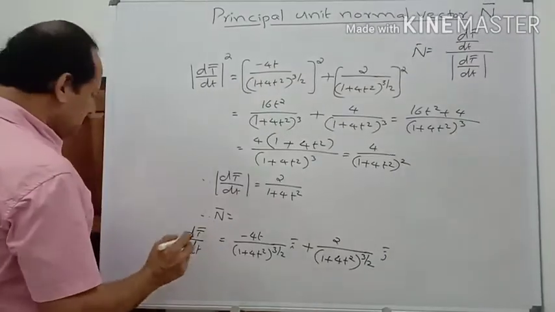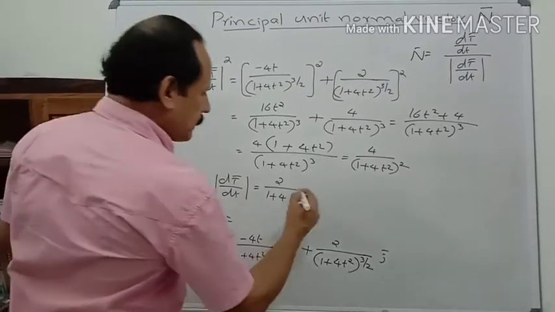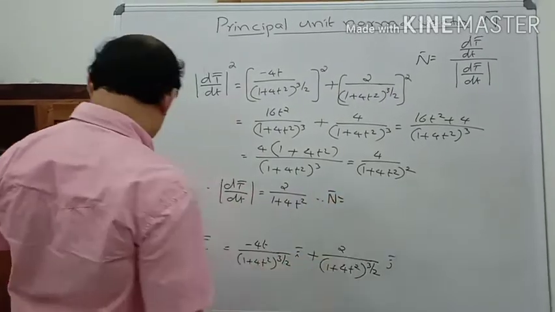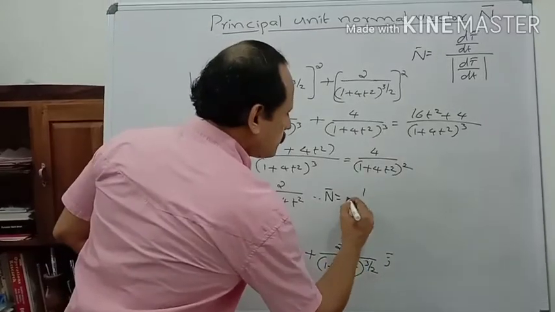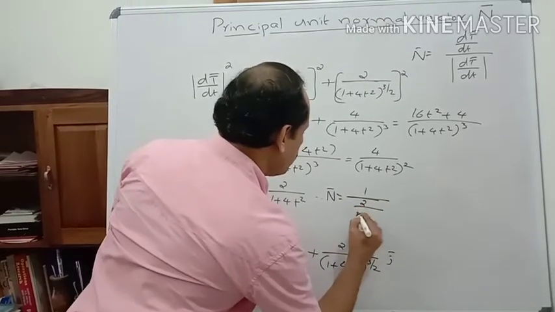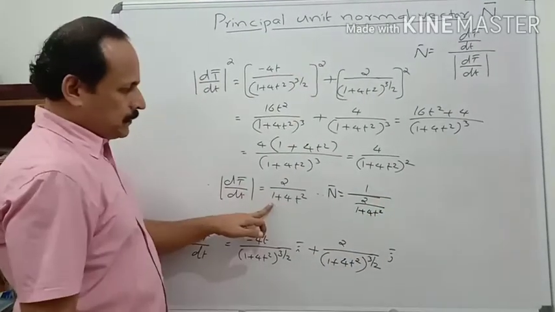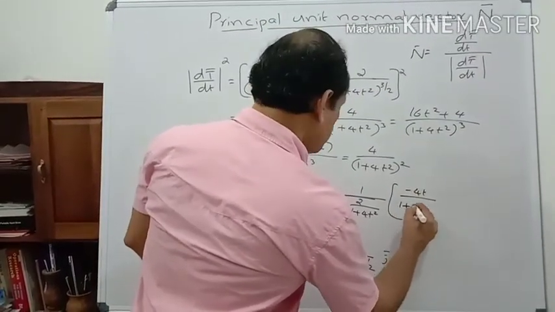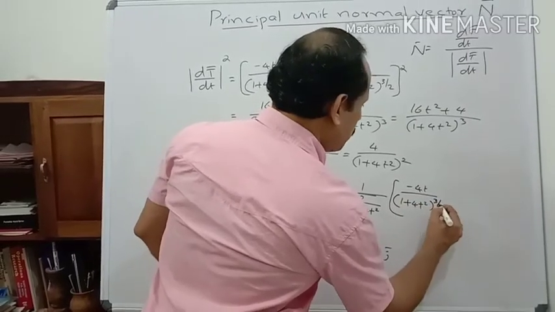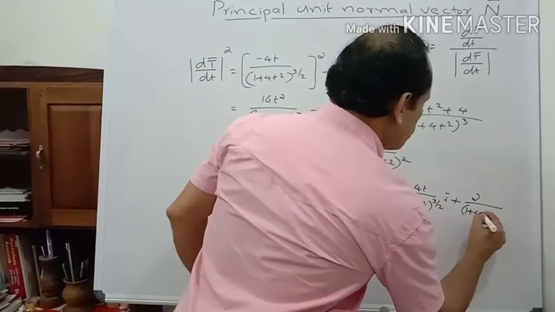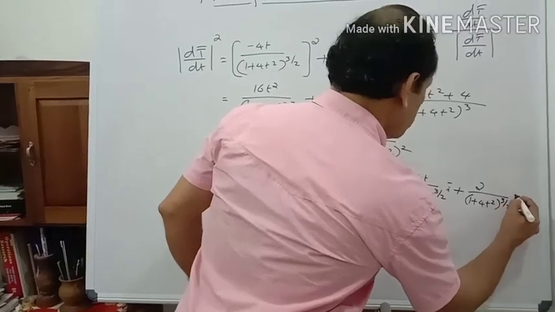Therefore you divide each term, or let us write like this, n bar equal to 1 by mod dt bar by dt, that is this one, 1 by 2 by 1 plus 4 t square into this vector, that is negative 4t by 1 plus 4 t square whole raised to 3 by 2 i plus 2 by 1 plus 4 t square whole raised to 3 by 2 j. Thank you.